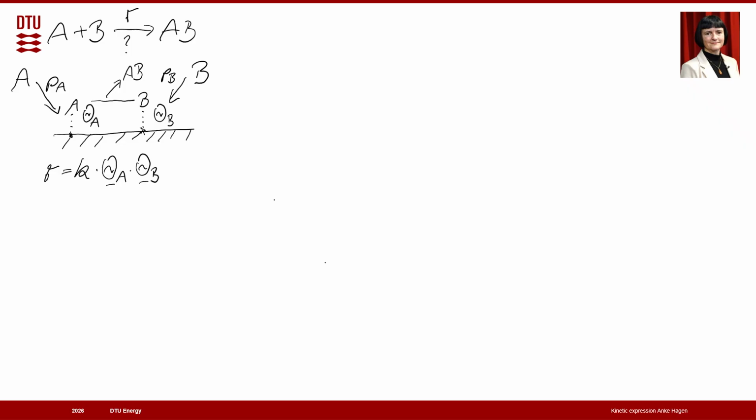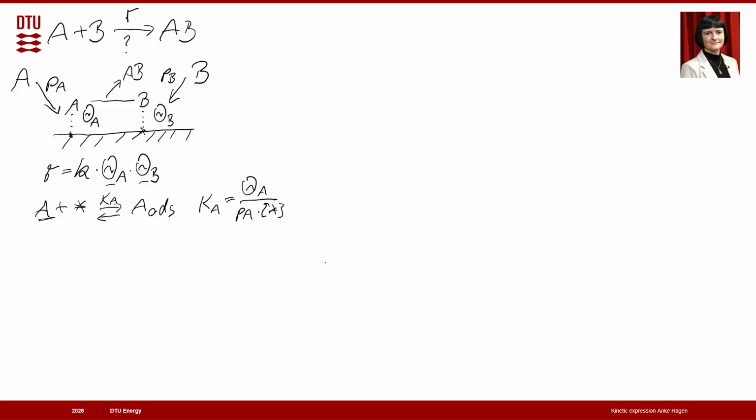For example, the step of A from the gas phase reacting with a surface site on the catalyst to give an adsorbed species A is then a fast reaction or in equilibrium, which is determined by the equilibrium constant Ka. Ka can then be written as the concentration of adsorbed species A, which is on the right-hand side of the equation, divided by the partial pressure of A, that means A coming from the gas phase, times the concentration of active sites.